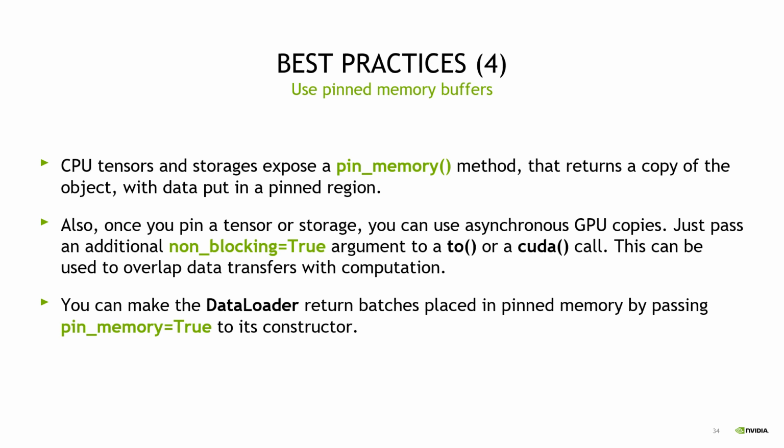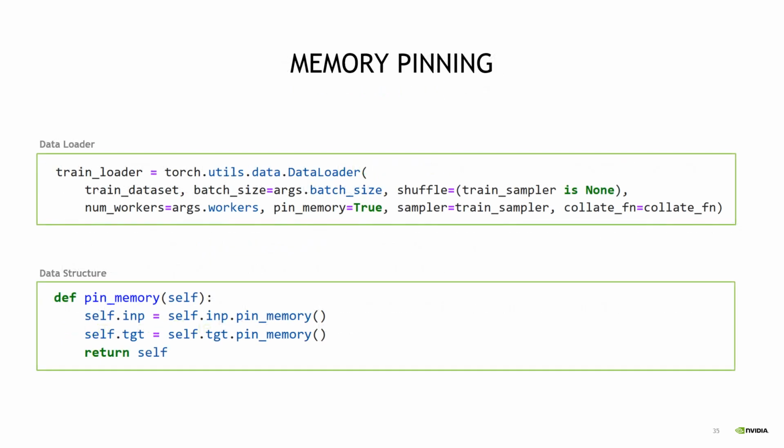And of course, the data loader needs to know whether you are using pinned memory regions or not. And this is done just using the pin_memory option to the data loader constructor. So this is the case of the data loader. You can use a simple data loader and do a pin_memory equal to true, or if you have a data structure, you can tell which part of that structure should be in a pinned memory region.